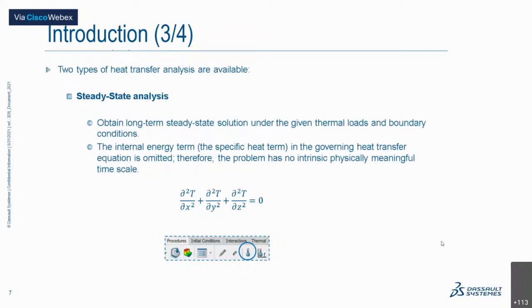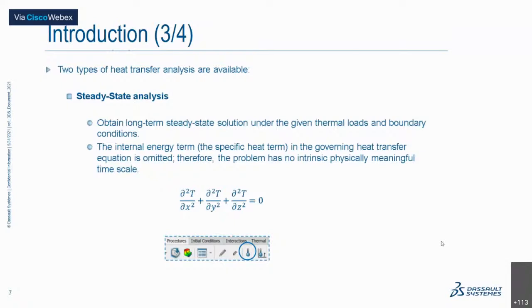And one more thing that we have to note in a thermal analysis is that there are two types of heat transfer analysis that you could do. It could be either a steady state heat transfer analysis, or a transient heat transfer analysis. A steady state heat transfer analysis is time independent and does not have the internal energy variable.